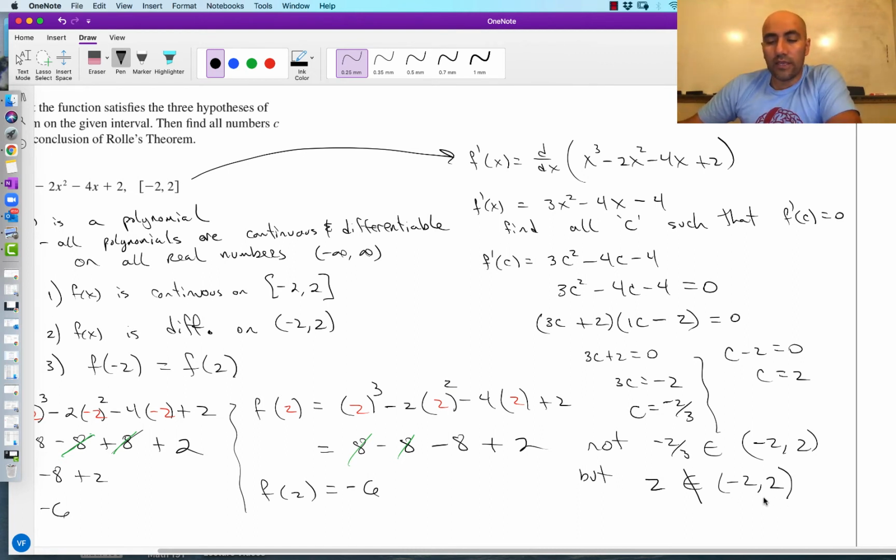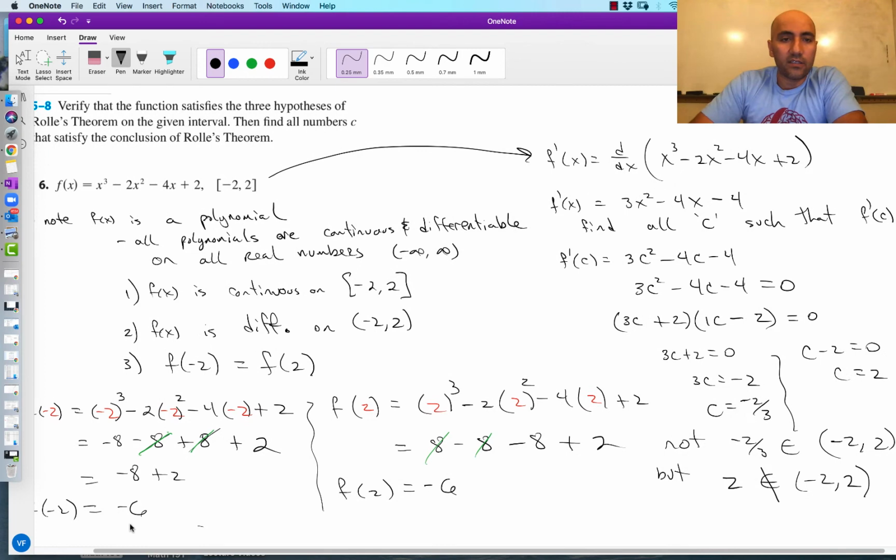We're not including the endpoints, so it's not a member of that. So this doesn't qualify as a proper conclusion from Rolle's theorem. So according to Rolle's theorem, we found our answer, and c equals negative 2/3 is our only answer. Okay, so let's write a nice little sentence.